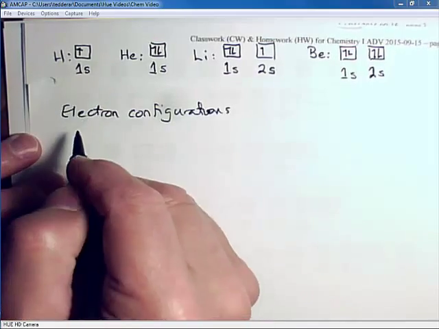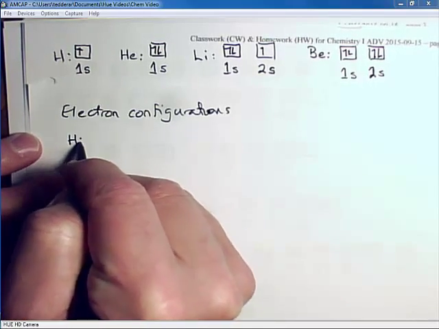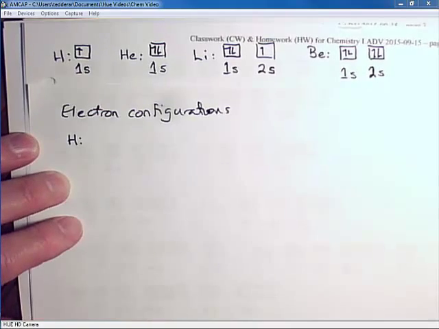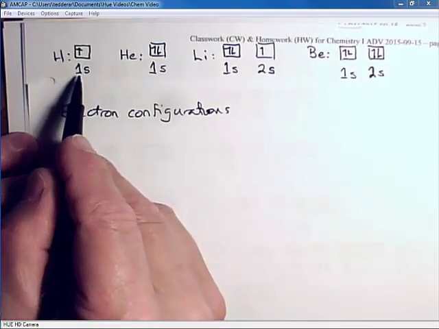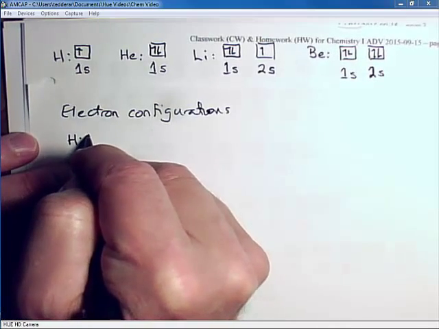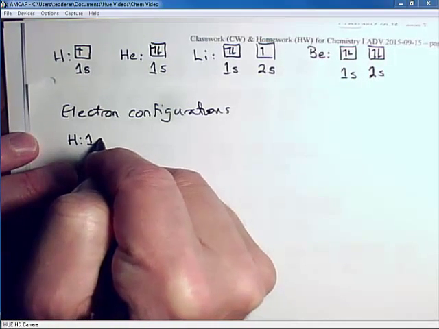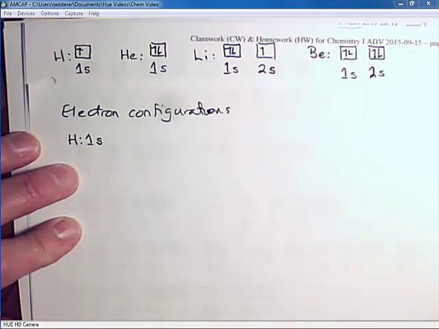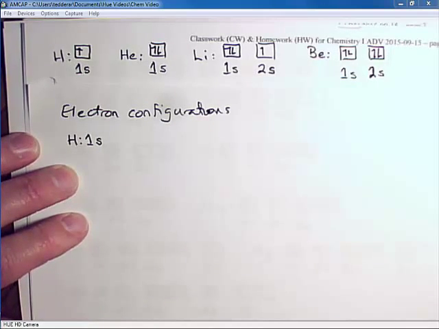For an electron configuration for hydrogen, we're going to write the element symbol just like we did with orbital notation. But instead of writing 1s down below, we're going to put 1s on the same line. That's a number 1 and a lowercase letter s. Make sure you're writing lower and uppercase letters. All you have to do for the electron configuration is count all the electrons in that sublevel.